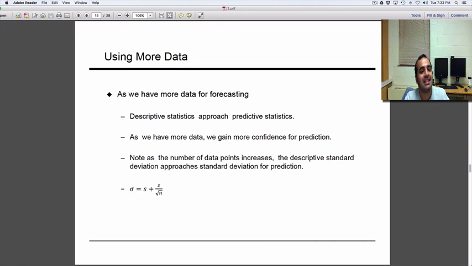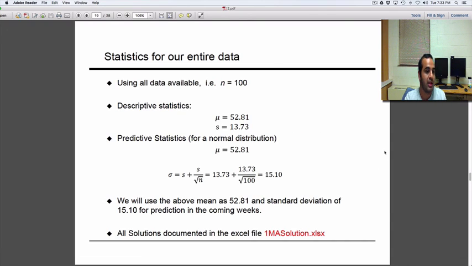Also note, as the number of data points increases, the descriptive standard deviation approaches the standard deviation of prediction. That is, as n becomes larger and larger, the correction term disappears and sigma becomes almost equal to S. Suppose we are using all the available data, n equals 100.